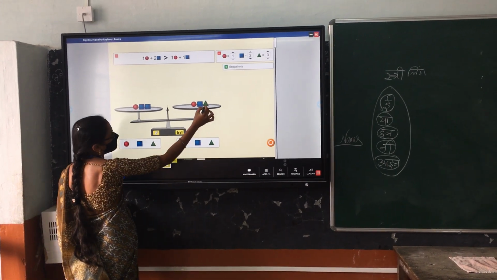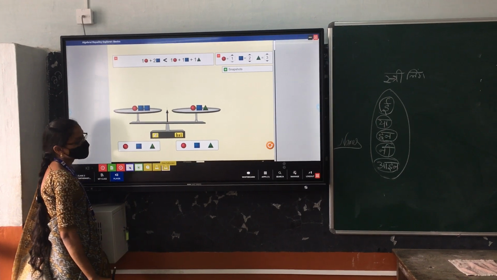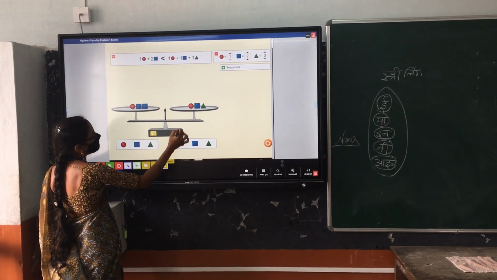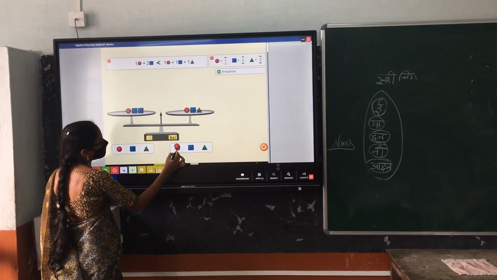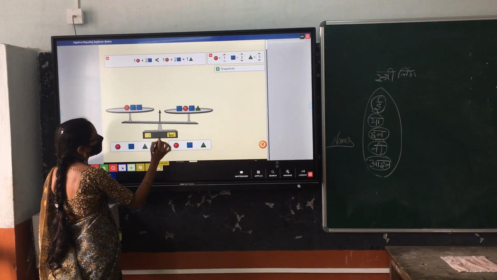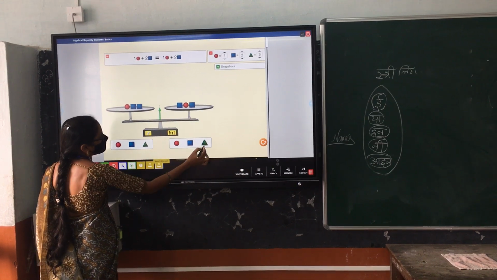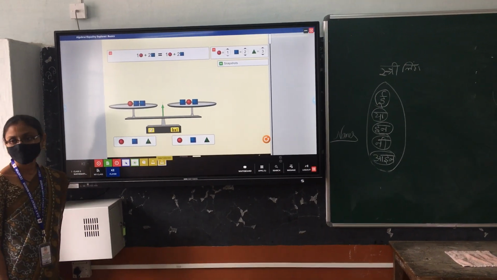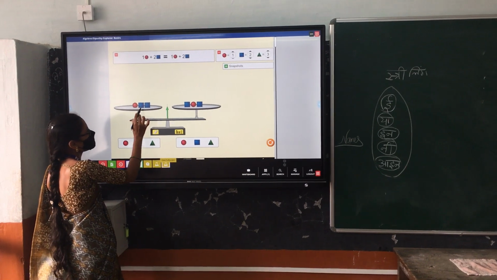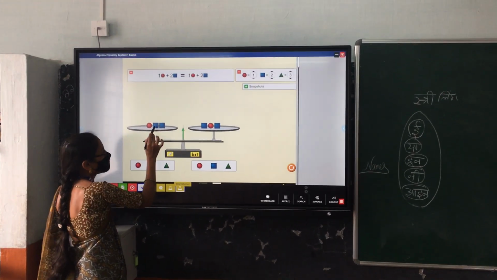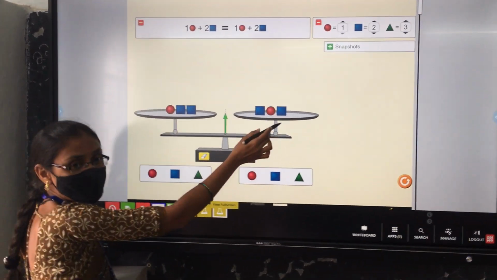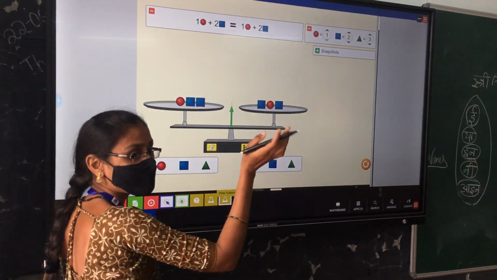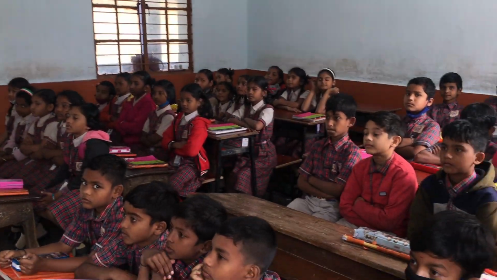See, if you keep it here, is this equal? No. So, if you observe this and keep this here, equal? Yes. Here we use 2 squares, 1 circle. Here also we use 2 squares, 1 circle. Just before we used different ones, but they are also equal. So, like this.